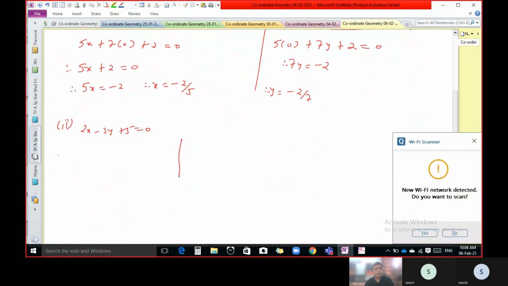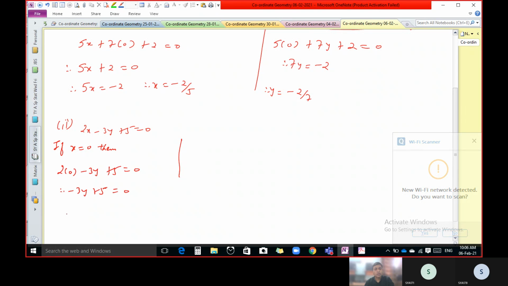If x is 0, then 2 into 0 minus 3y plus 5 equal to 0. So minus 3y plus 5 equal to 0, so 3y equal to 5. y equal to 5 upon 3.